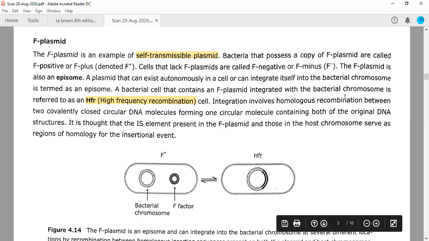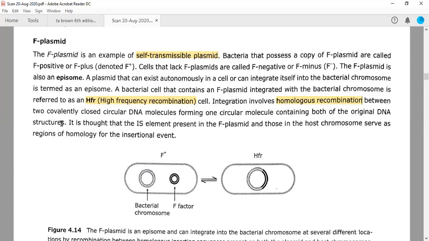Integration involves homologous recombination. By homologous recombination, the plasmid is integrated into the bacterial chromosome: between the two covalently closed circular DNA molecules, one big circular molecule is formed, and both original DNA structures are present within the same circle.